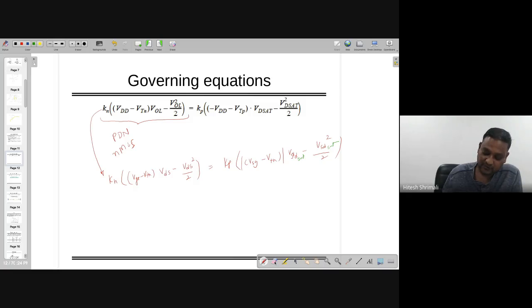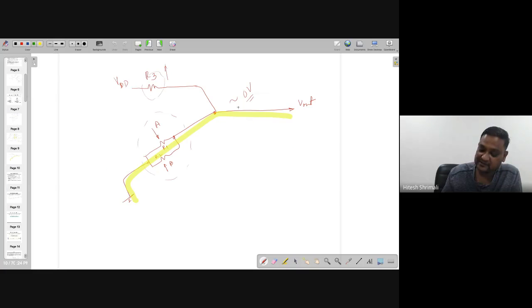Now the whole thing is, I wanted to find out how much VOL I can achieve. I'm saying it's approximately 0, but this is the VOL voltage. If you remember, in the characteristic of an inverter or a logic gate, this is going to be known as VOH and this is going to be VOL, right? So you need to find out these values.